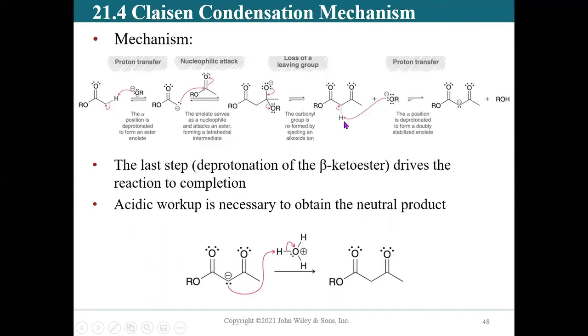Then finally we remove this very acidic proton to produce this enolate. We keep it in that enolate form to drive the reaction to completion. Once the reaction is complete, we work up with acid to protonate this enolate and regenerate the final product.